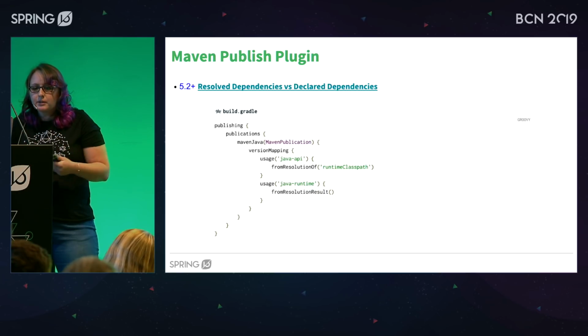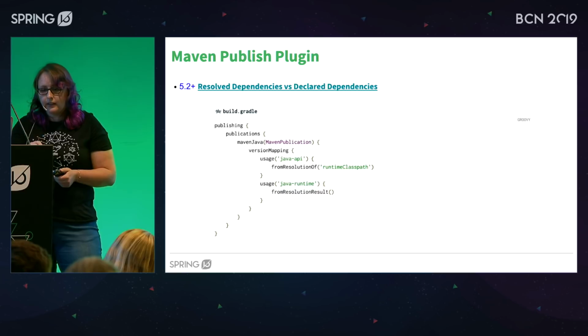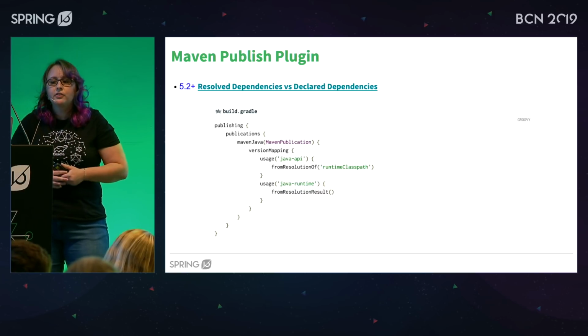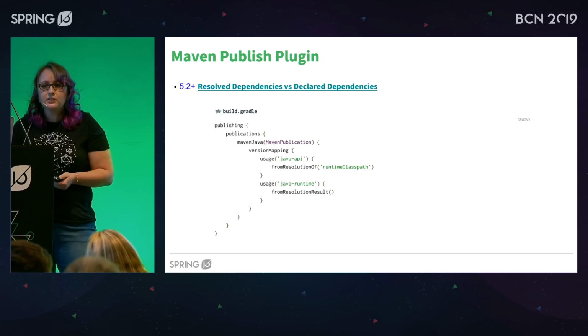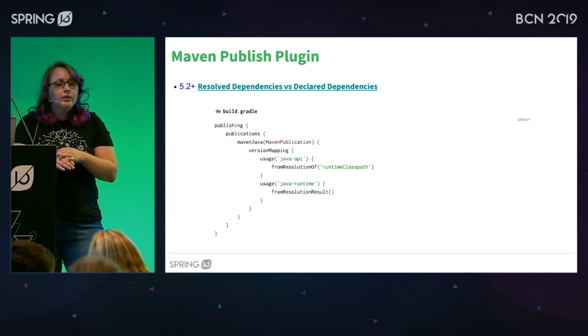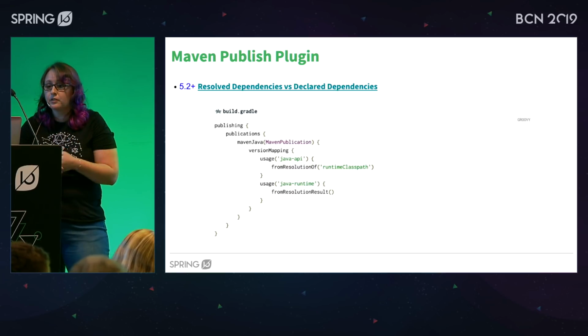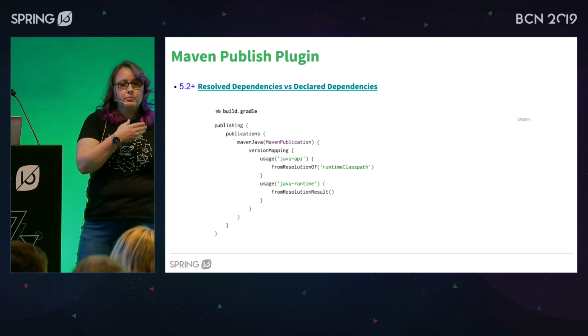And so very similarly, the Maven Publish plugin itself is not new. The thing that has changed in Gradle version 5.2 is that you now have the option to use your resolved dependencies versus declared dependencies. What that means is that we've been talking about, in some cases, the differences between the dependency management engines for Maven and Gradle.